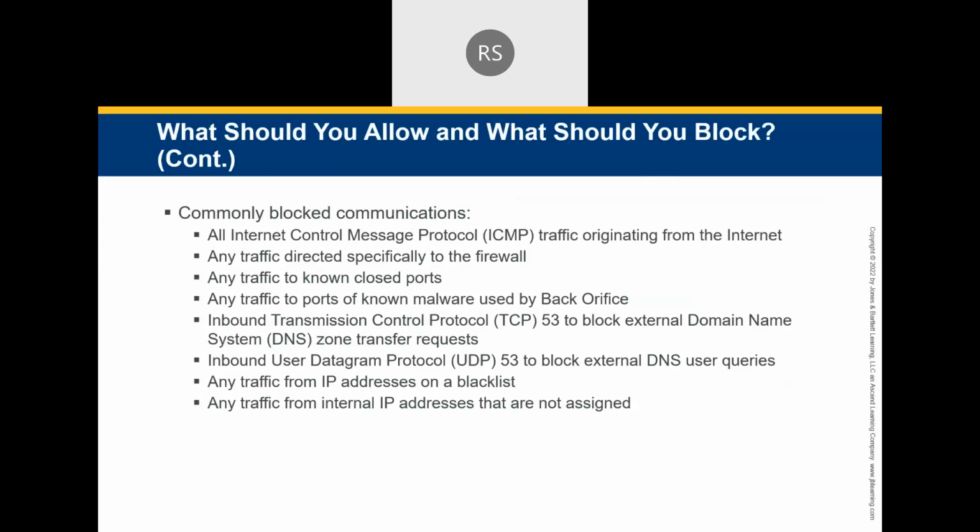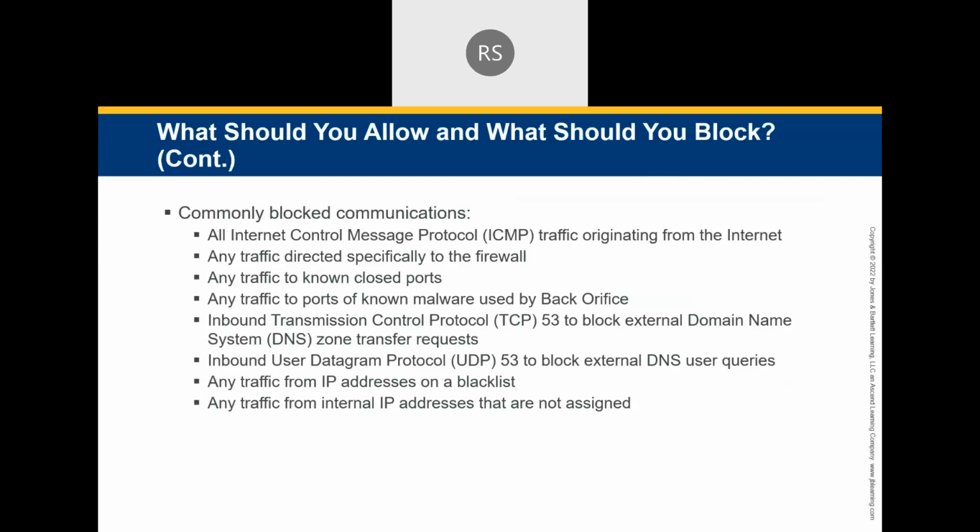Also, inbound Transmission Control Protocol, TCP 53, to block external Domain Name System zone transfer requests. So this helps protect against potential DNS information disclosure and unauthorized access to the DNS zone data.